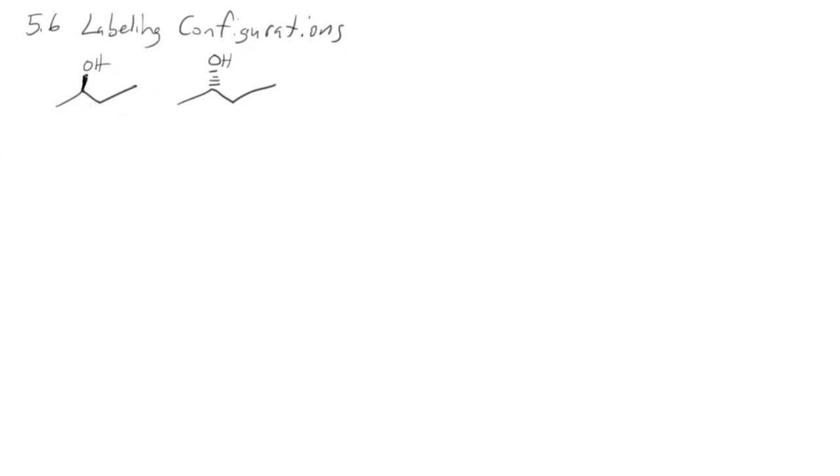So to do that, I'll start with one of them. I'll start with this one. I'm going to draw in any missing atoms, so I'm going to draw in the hydrogen there at the stereocenter. So this is my stereocenter. The first thing I need to do is assign priorities to each group around a stereocenter.